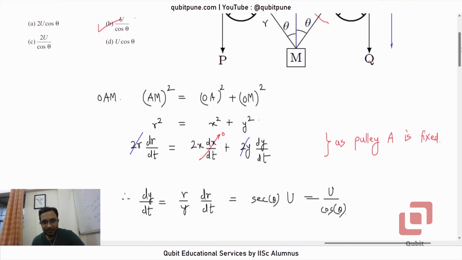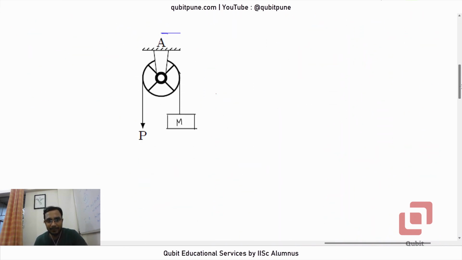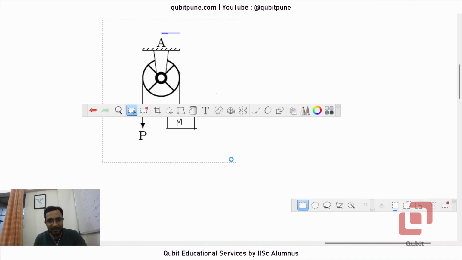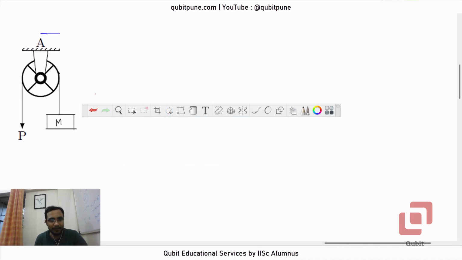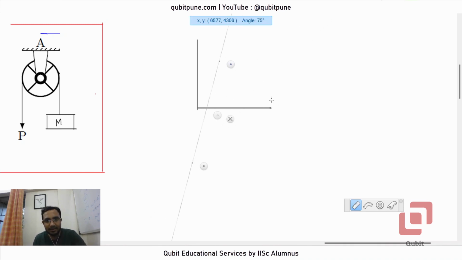Now, we use this property of right triangles and its applications in ladder problems also, not exactly ladder friction, but ladder problems. You may have solved problems of the following kind. A ladder rests with the support of a wall.